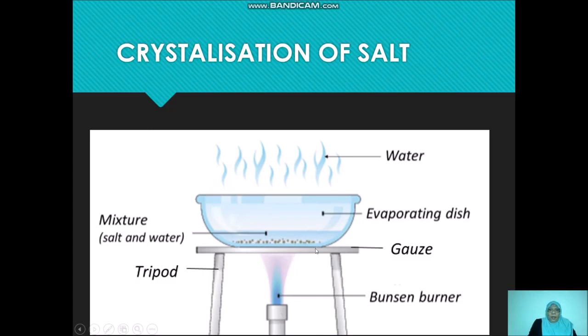Then the water will evaporate and the salt will crystallize here and become salt crystals. This is the crystallization of salt.